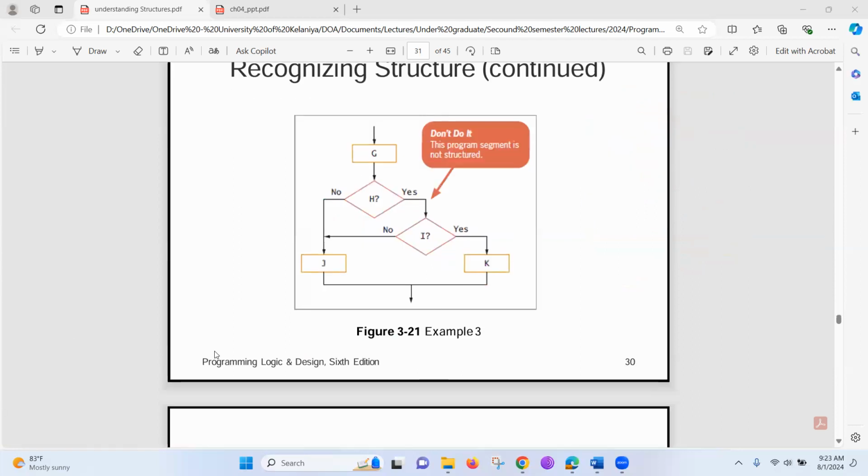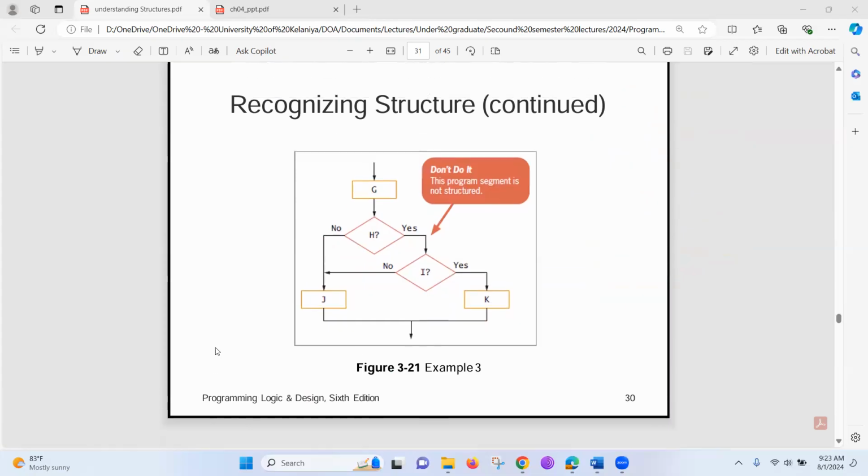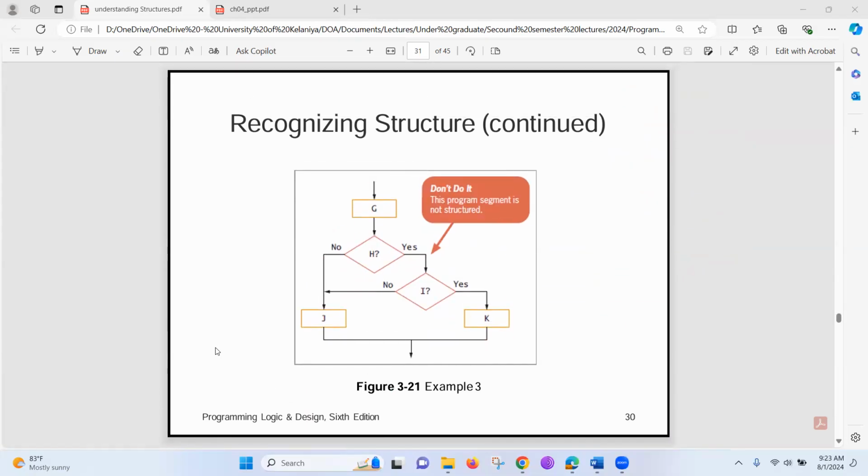When it comes to the next one, by looking at this also, it is indicated. So please tell me, is it a structured one or not? And what are the reasons why it is not a structured one?